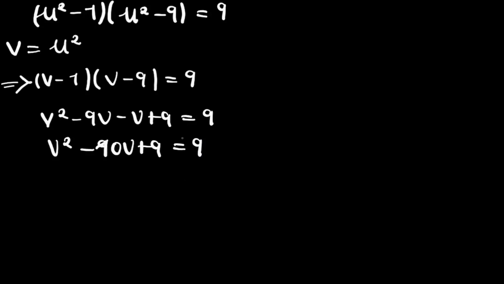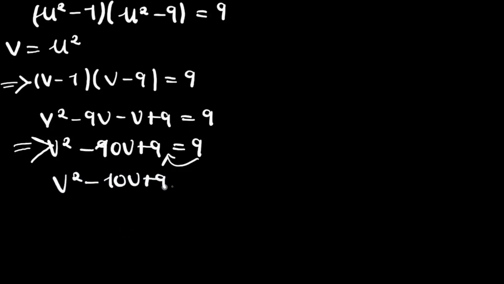We are going to subtract 9 on both sides. That is, we send this 9 over and the sign changes, so it's 9 minus 9, which gives us 0.